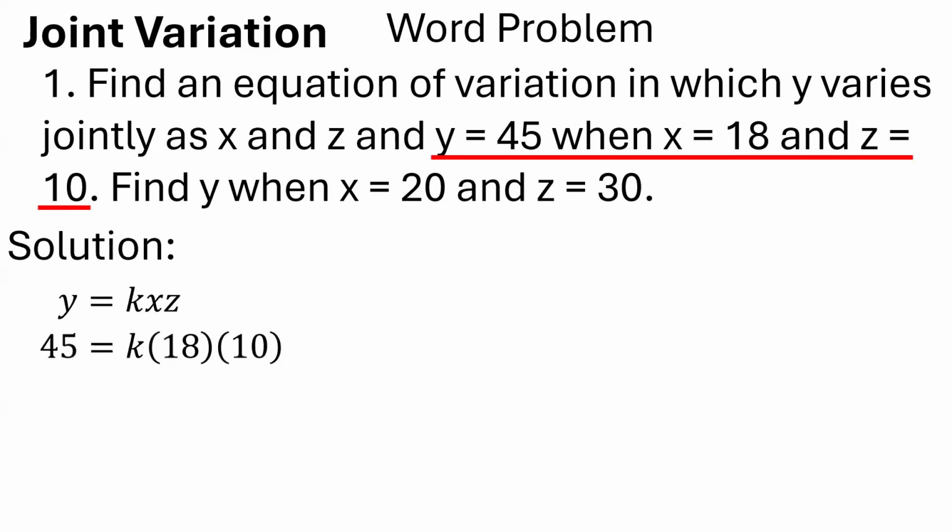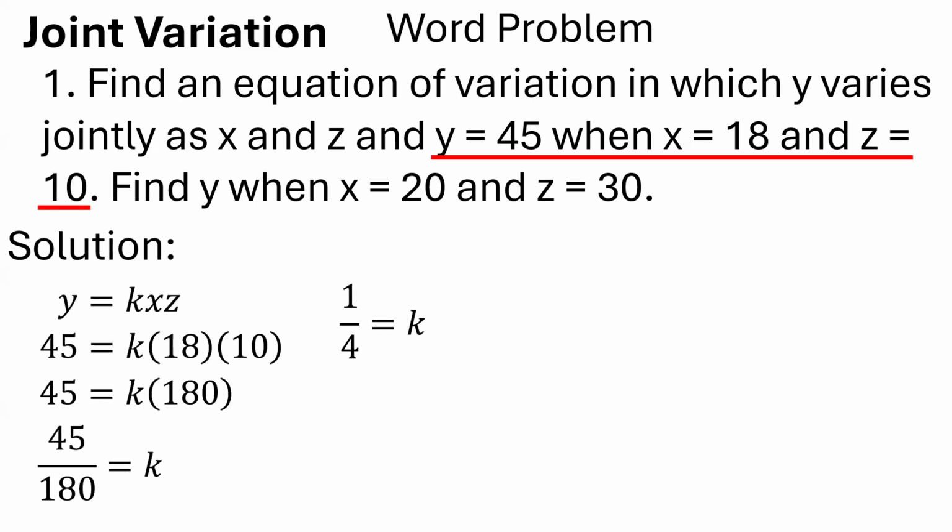So here we have 45 as Y is equal to K, 18 as X, 10 as letter Z. So if we try to multiply 18 times 10, that is 180. So divided by 45, and then we try to simplify this one, 45 over 180, that is equal to 1 over 4.